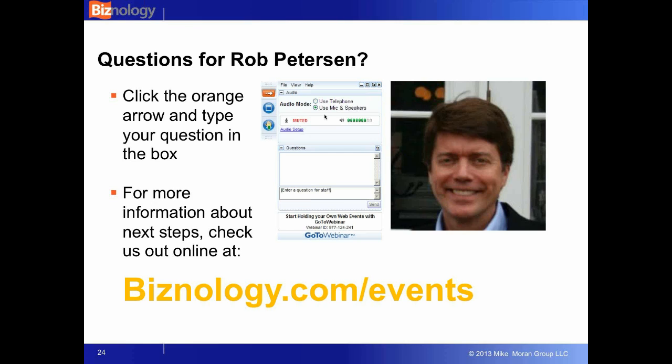Okay, here is the first question for Rob. So Rob, the question is, in terms of keyword research, oftentimes an agency is tasked with going after certain keywords. Any recommendations on how to best work with your agency to go after the right keywords versus just the keywords that they assume are appropriate for you? Sure, that's a good question. I would suggest that there be what I'll call a discovery phase put into the keyword process.